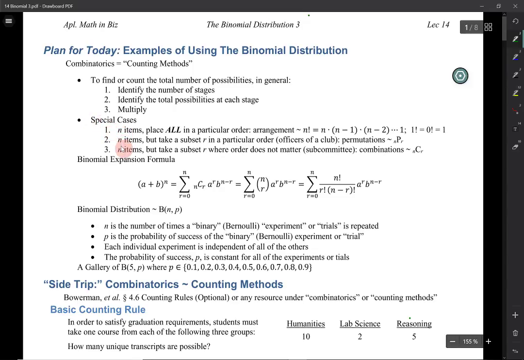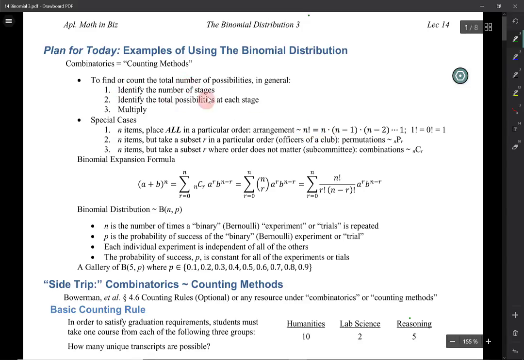There are actually three special cases, and the third one is the one that we really encounter in the binomial distribution. But the first one is sometimes called an arrangement. So you have n items, and you place all of them in a particular order. That's basically factorial, because there are n items, so there are n stages.